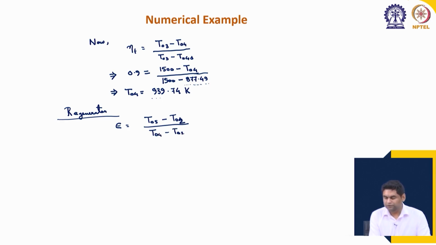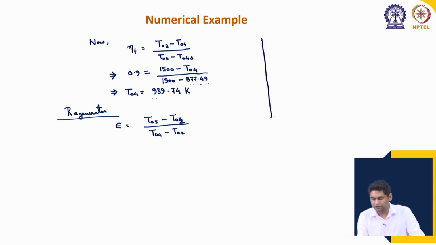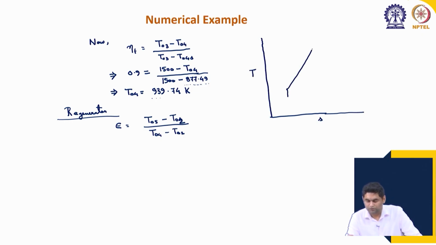Let me draw the diagram again without the pressure losses, because the pressure losses make it somewhat difficult to comprehend, but we can have this diagram as reference. Pressure losses are still there, but we are not drawing those pressure losses here.